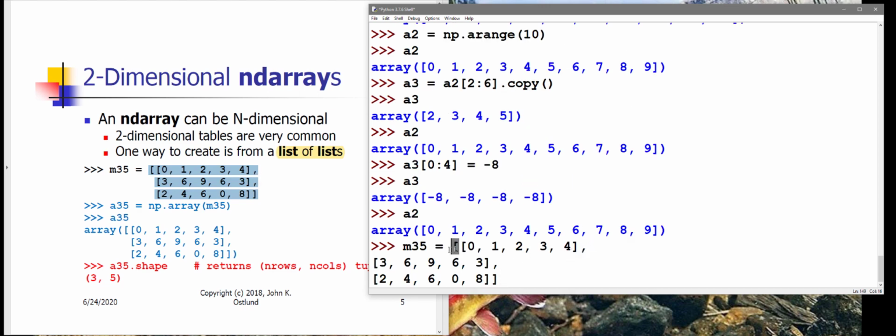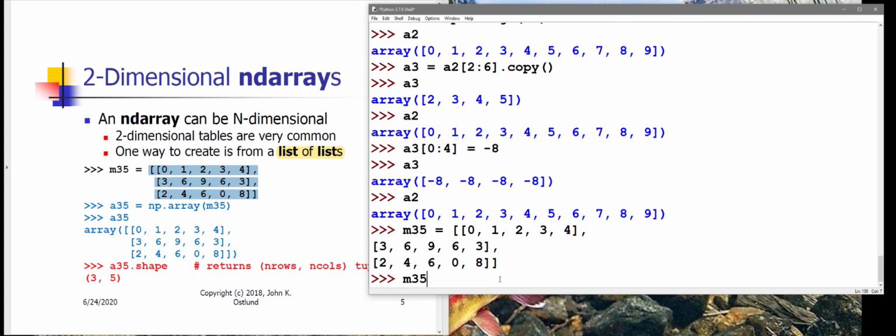Now, because I am within this outer square bracket here, when I hit the Enter key, it doesn't matter that I'm not indented. So I'll just leave that lack of indents. Here's my closing square bracket at the end of my list of lists. So this is going to work fine.